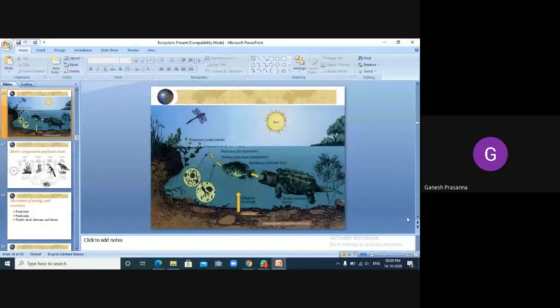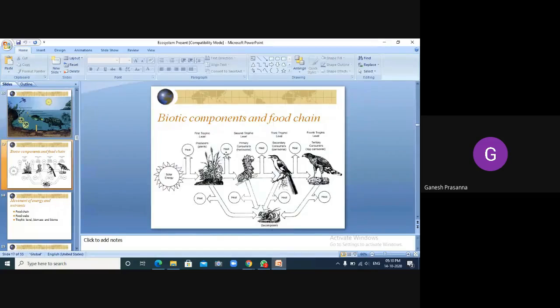Next, this is how you can see the sun, the producers, the carnivores, and how the decomposers and all of them fit together. Clear? Coming to the movement of the food chain, you can see solar energy, the heat, and plants which are producers, the first level.